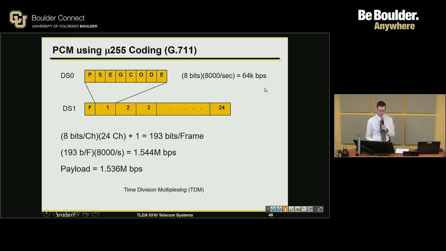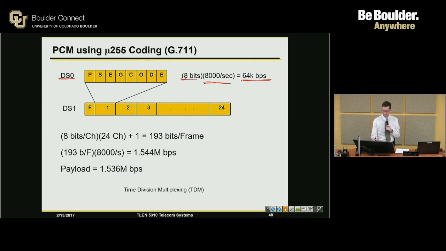Then in the telephone network, we have what's called a DS0. A DS0 is a 64 kilobit per second channel, and basically that's made up of 8 bits transmitted 8,000 times per second. The reason we do that at 8,000 times per second is the Nyquist rate. I need to be at least double, and that gets me there.